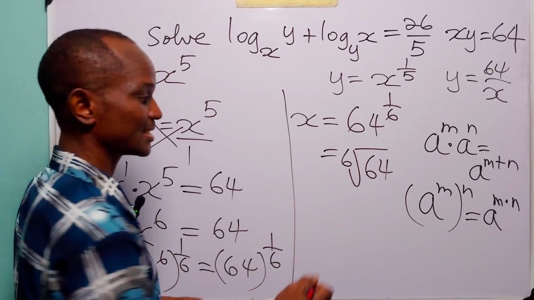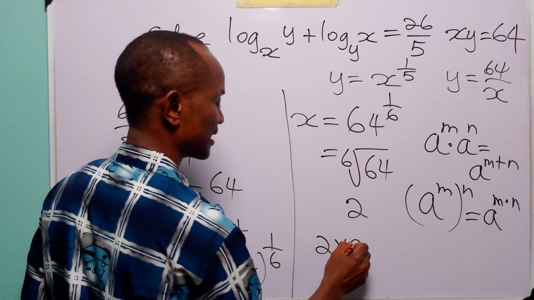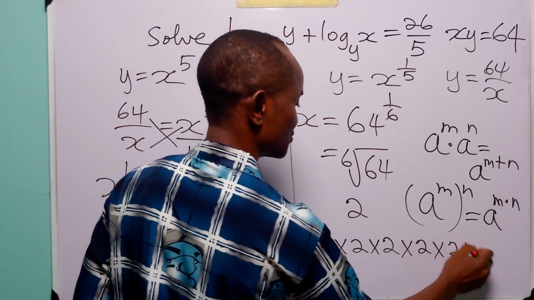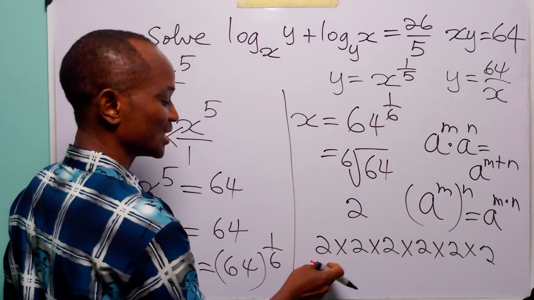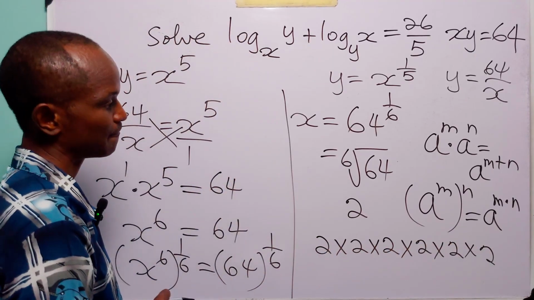And of course, the answer is 2. Because we know that 2 times 2 times 2 times 2 times 2 times 2 is equal to 64. That is 2 in 1, 2, 3, 4, 5, 6 places.